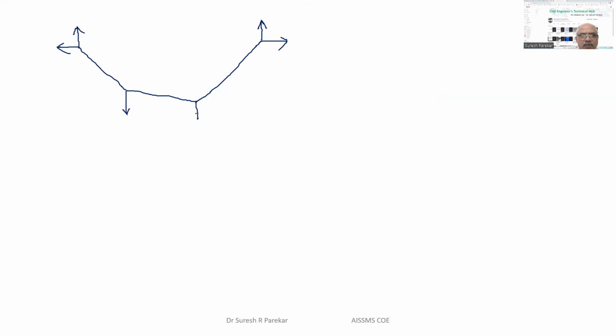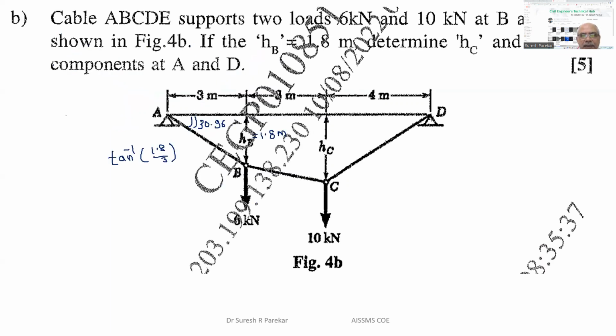We have this downward force, and we have the values 6 kilonewton, 10 kilonewton, and distances are given. If you see in the problem, the first distance is 3 meter, this also is 3 meter, and this is 4 meters. So just check it. And the angle we got is 30.96.